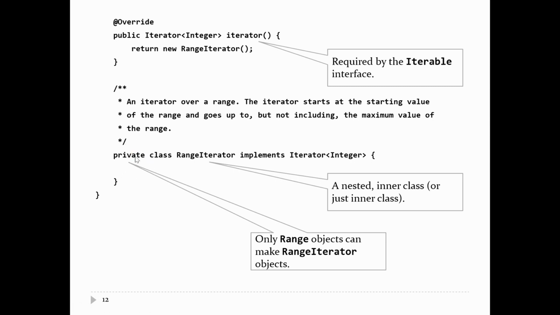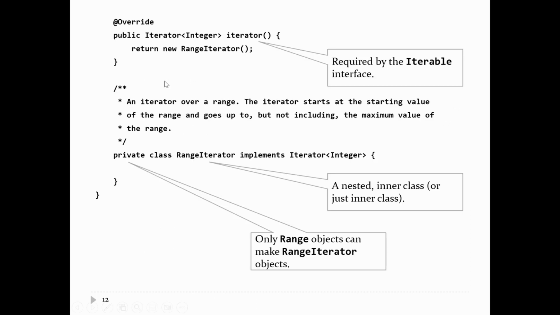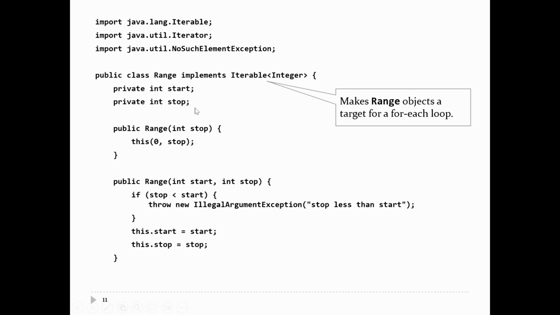Whenever you see a private inner class, what that's trying to tell you is that this class is something implementation specific to the outer class. In this case, it's saying that this RangeIterator class is only useful to the range class, and therefore no one else needs to know about it.